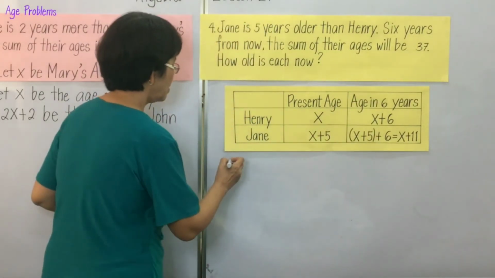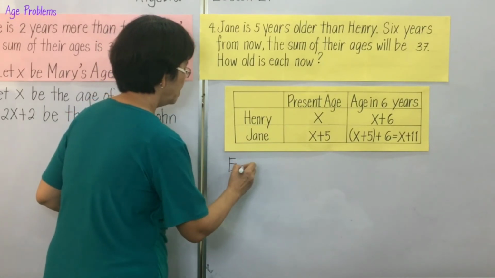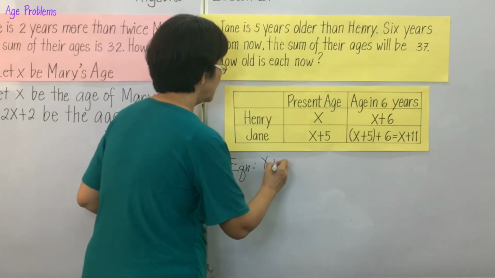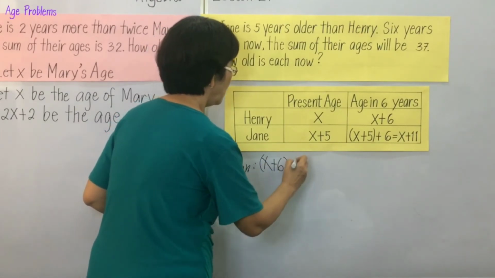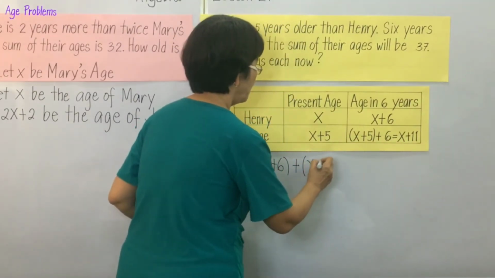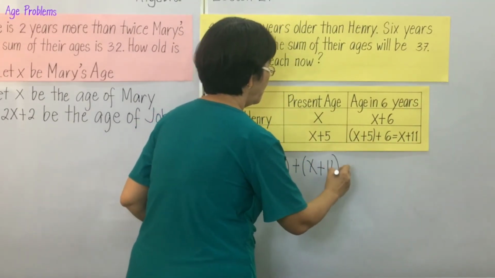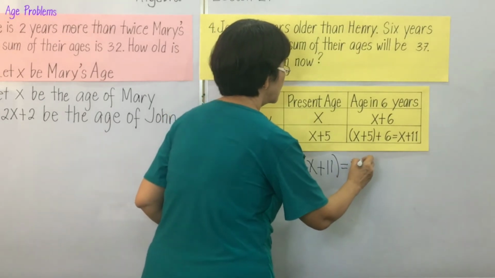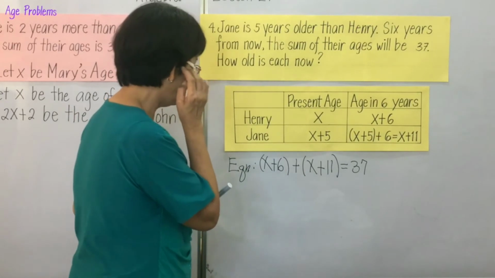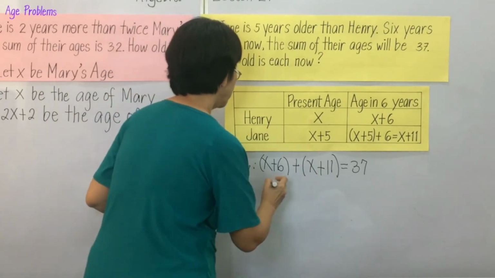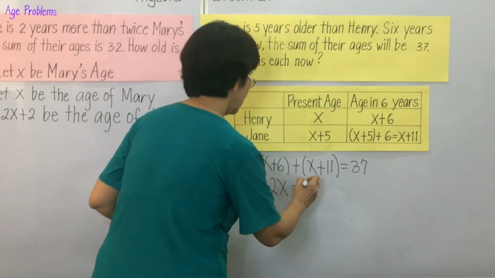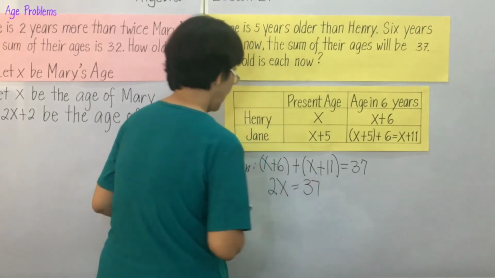So our equation will be x plus 6 plus x plus 11 equals 37. Then solving for x, we have 2x equals 37.